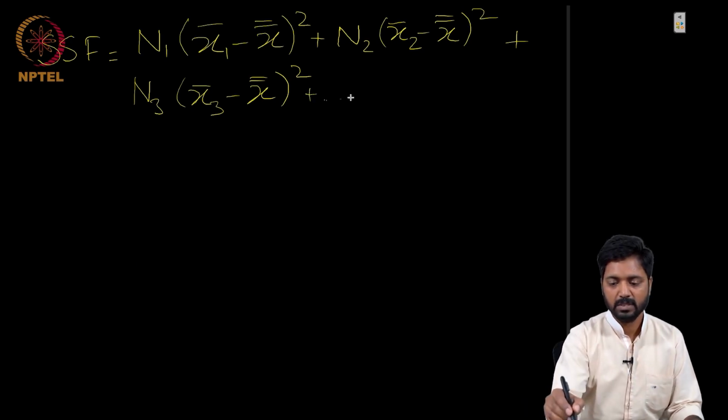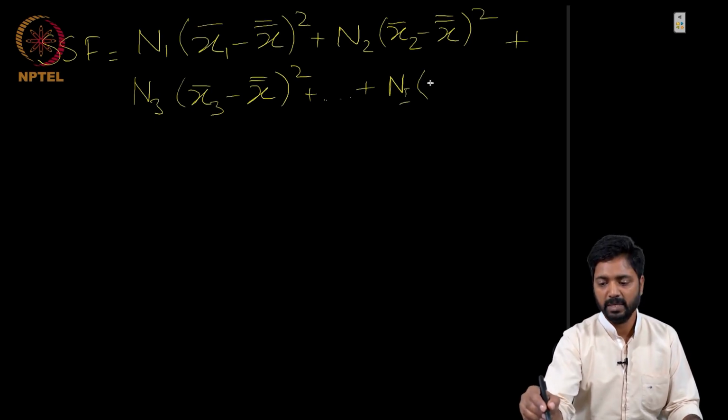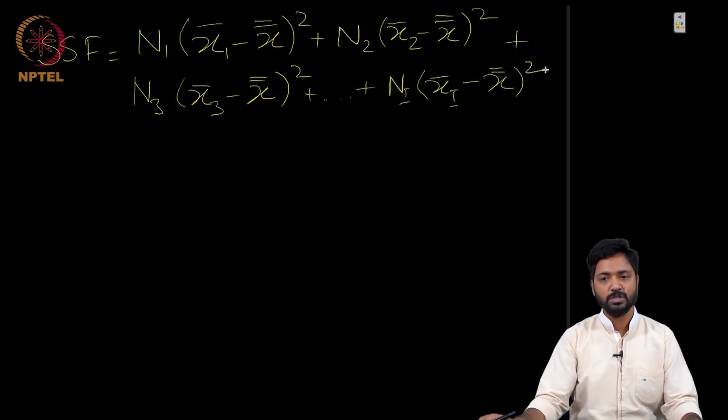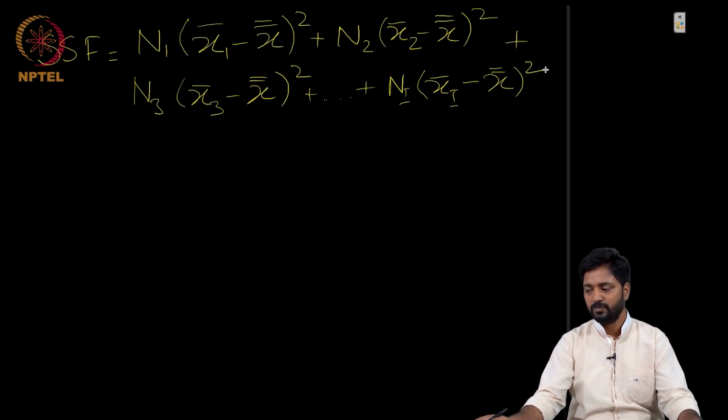We continue this and we get, for the ith sample, Ni into (xi bar minus x double bar) squared, where x double bar is the grand average, and this is how we will be calculating the sum of squares due to factors.